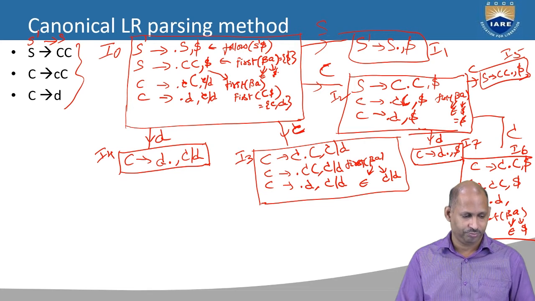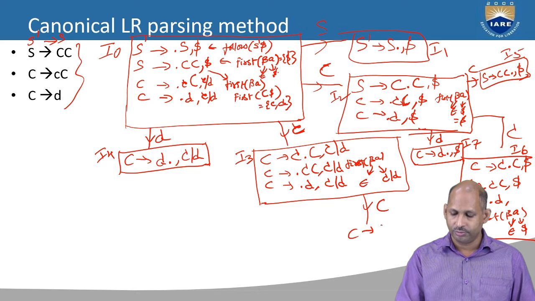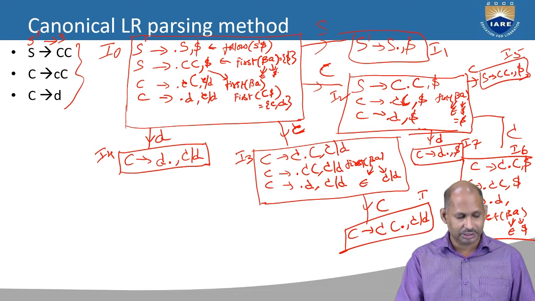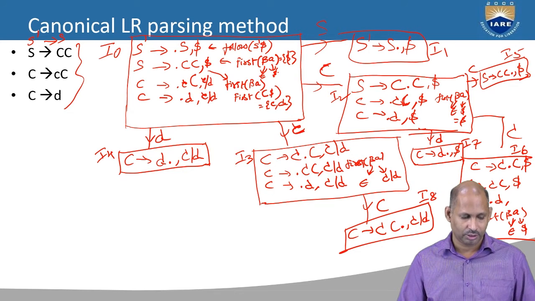The first: on variable C, C gives terminal C, variable C dot followed by terminal C, terminal D here. Dot at the end, simply close this and call it I8.